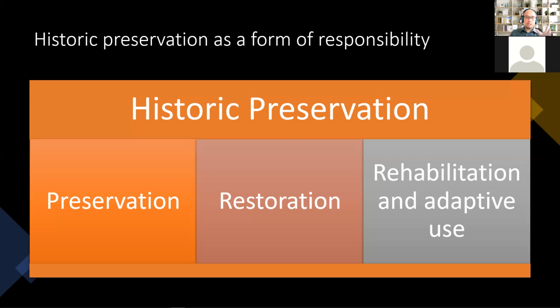There are three common strategies used in a historic preservation effort: preservation itself, restoration, and then the third strategy is rehabilitation and adaptive reuse.